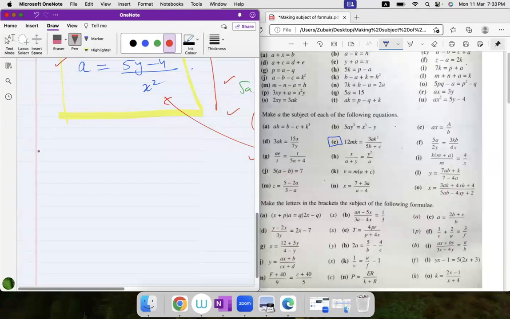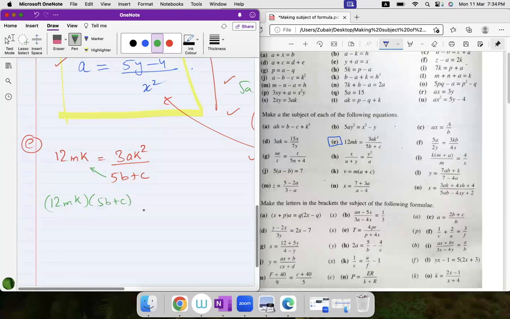Okay. E part is 12mk equals 3ak squared over 5b plus c. And we are still making A the subject of the formula. So would it be 5b plus c and then times 12mk over 3k squared?